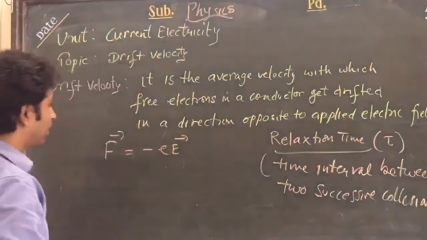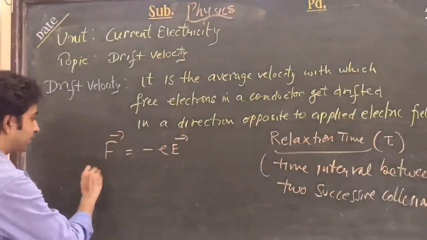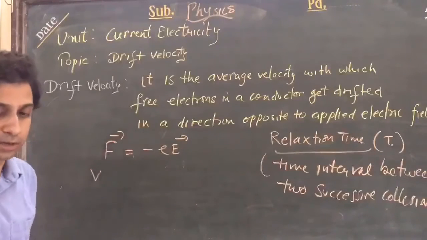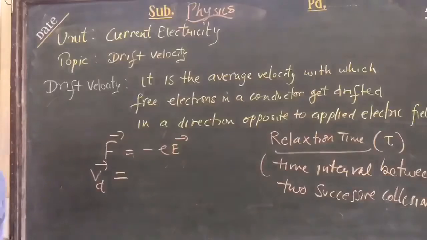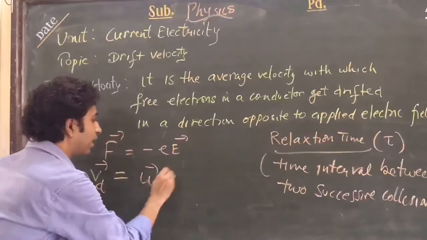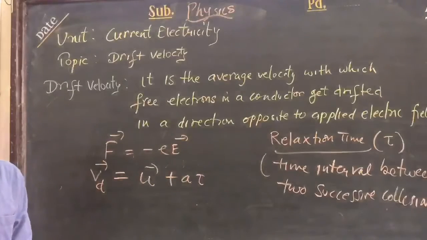Now we start with the expression for the drift velocity. We have the basic equation v equals u plus at. Here v is the drift velocity Vd, u is the initial velocity, and at becomes a times tau, where tau is the relaxation time.